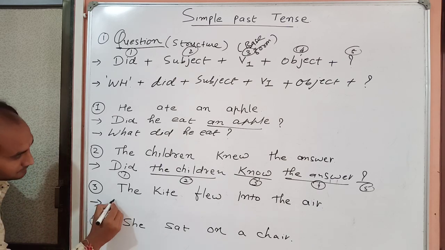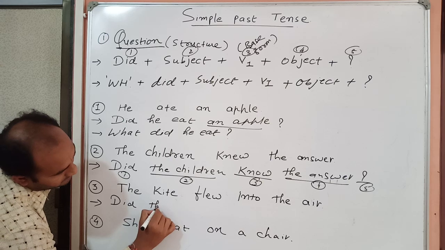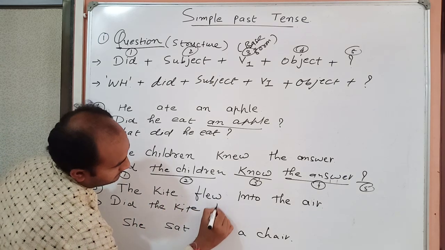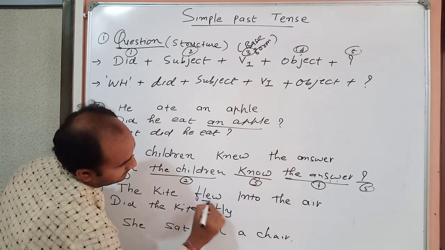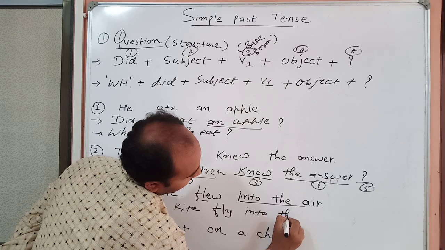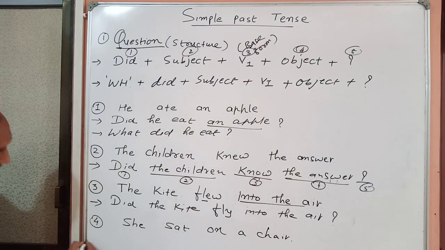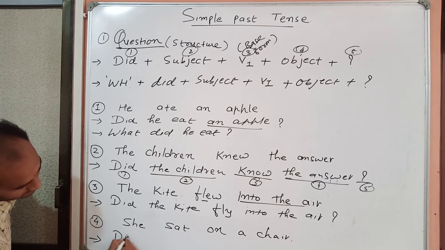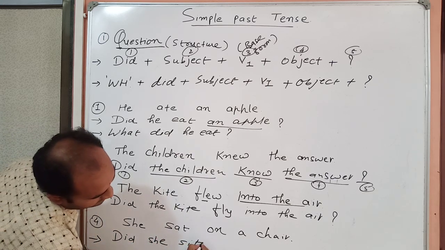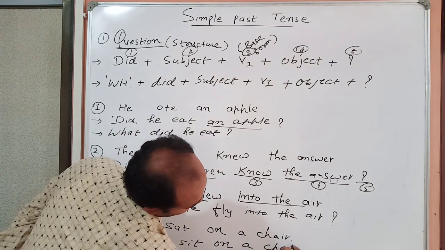Here: did the kite fly into the air? Question mark. And last, did she sit on a chair? Question mark.